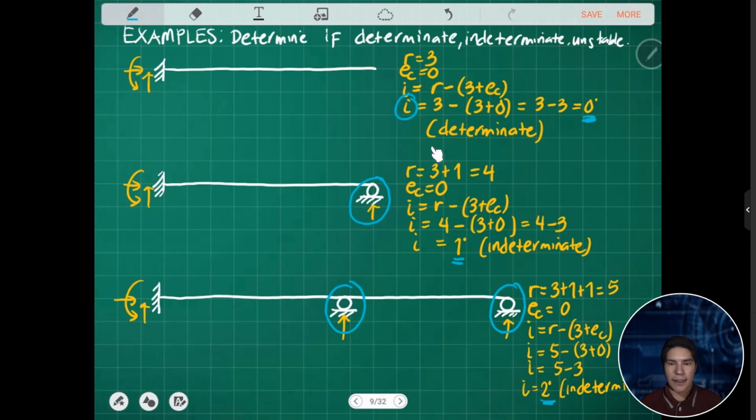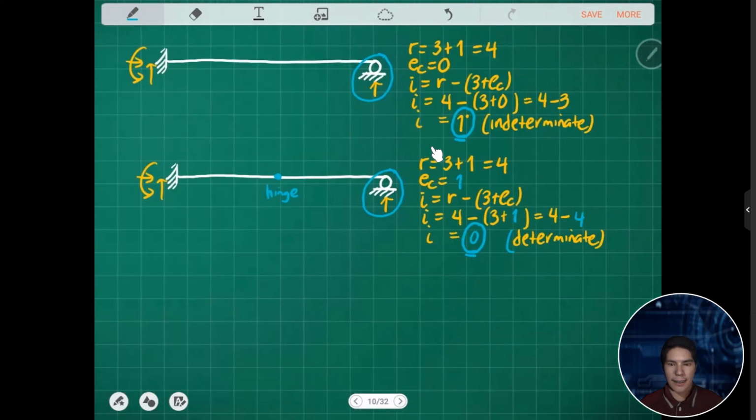Again, the degree of indeterminacy represents the number of redundant forces, which means you have added additional members or additional reactions. If you want to analyze it using summation of forces x and y and moment at z, or the equilibrium equations, that's one way to do it.